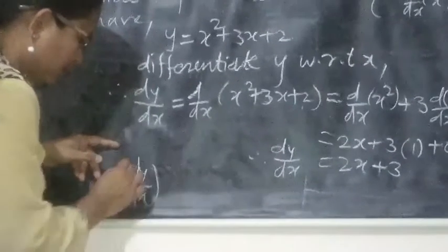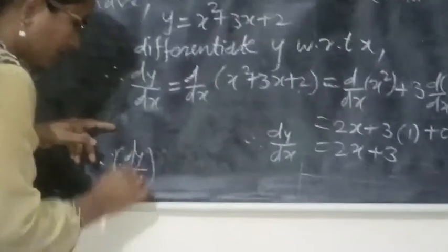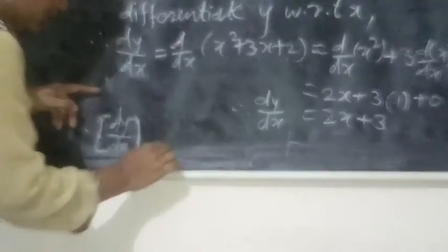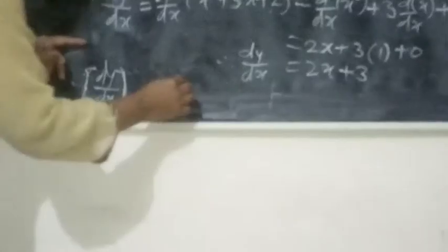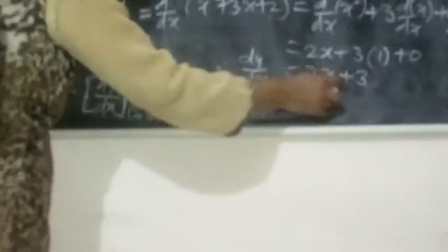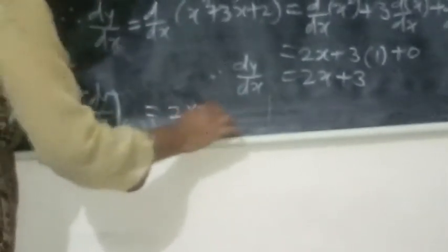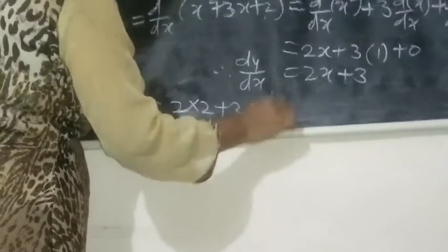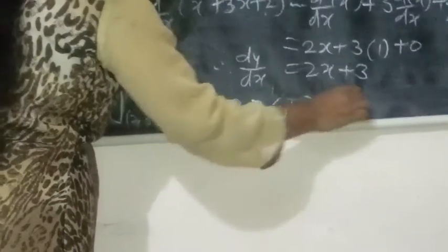Therefore dy by dx at this point (2, 3) is equal to, we put these values in this. So here 2x plus 3, therefore we put the value of the x coordinate 2 into 2 plus 3. First we do multiplication, 2 twos are 4 and 4 plus 3 is equal to 7.